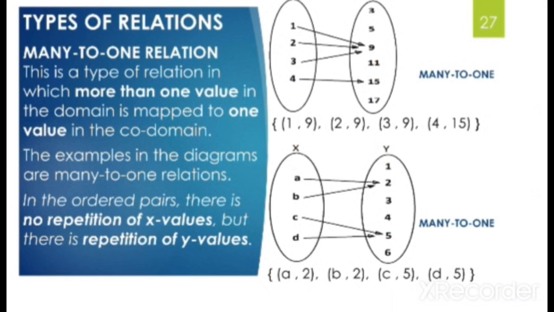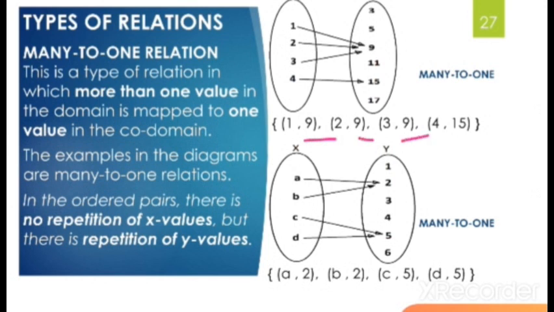And then we have to find out if there are any y values that are repeating. So if the x values are not repeating, but there is a y value that is repeating, then it means it is a many-to-one relation. So for example, we can see that over here we have 9, and then 9, and then 9.